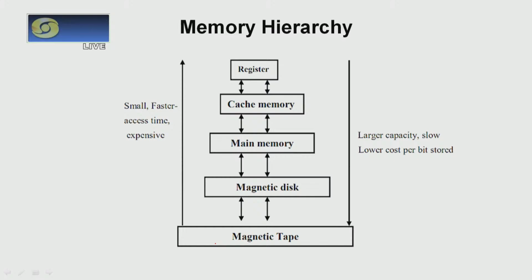Apart from this, we have magnetic disks and magnetic tapes. As the size of the storage increases, the cost of memory per unit decreases. The cost of storing data in registers is on the higher side, whereas the cost of storing data on magnetic tapes is quite low. But as for speed, registers are quite fast to provide the data, whereas magnetic tapes are on the slow side.